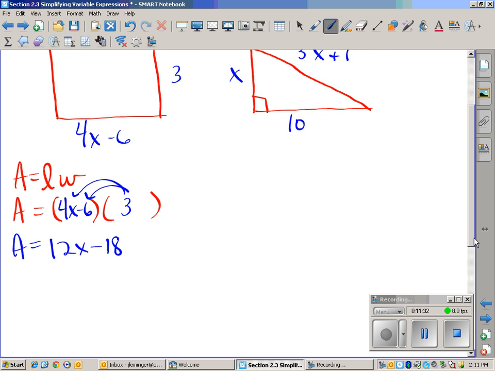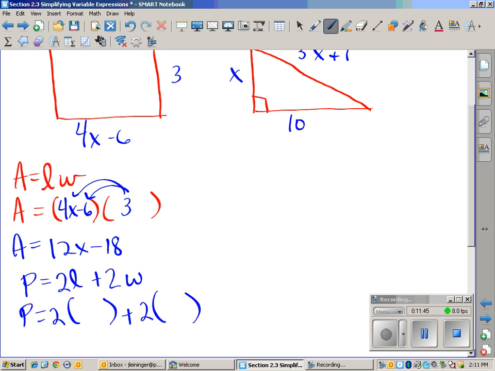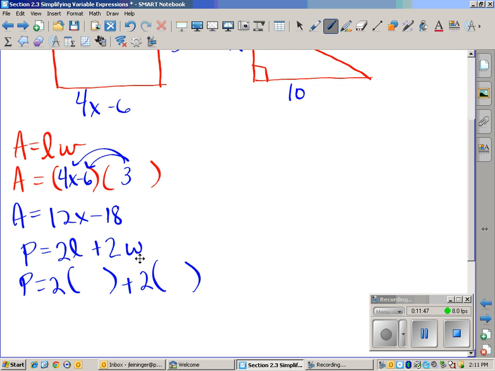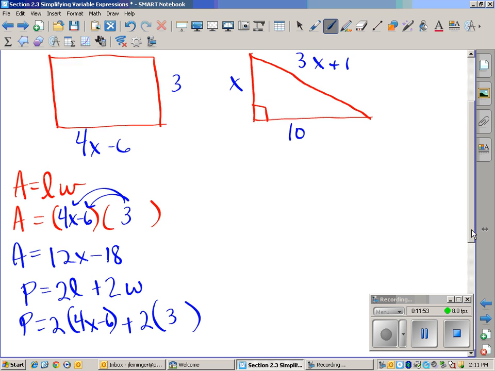That looks pretty good. And I'll leave the area of the triangle for you, but let me go ahead and do perimeter of our rectangle. Formula, shell, sub it in, 4x minus 6, and I think that width was 3. Yep.